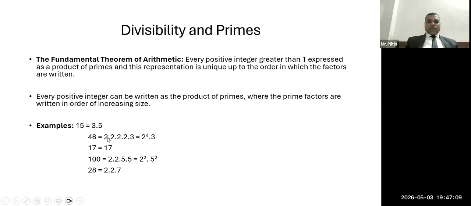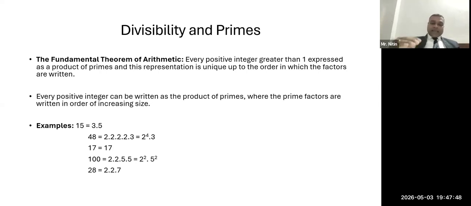So 2 raised to the power 4, as we are multiplying 2 by itself 4 times, into 3. So 2 raised to the power 4 means 2 into 2, 4, 4 twos are 8, and 8 twos are 16. So 16 into 3. So one more prime number, that is 3.